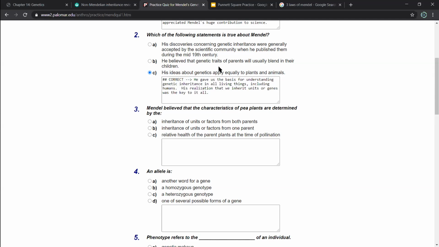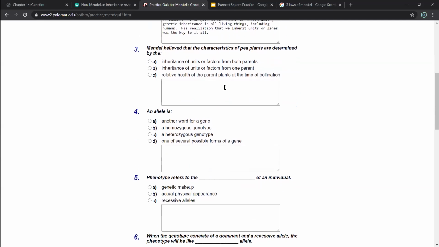If you ever get a question in any science class saying that somebody's discoveries were accepted as soon as they were published, it's usually false. Almost all scientists face scrutiny after they publish relatively new or drastic findings. So they're always scrutinized, and this is probably never going to be the answer choice.